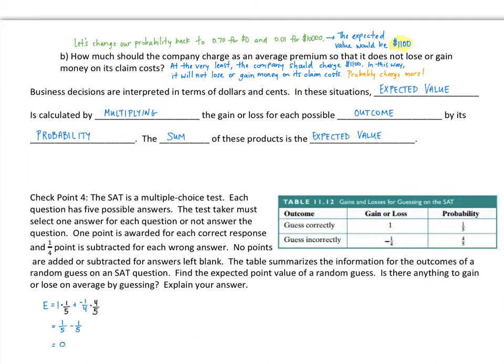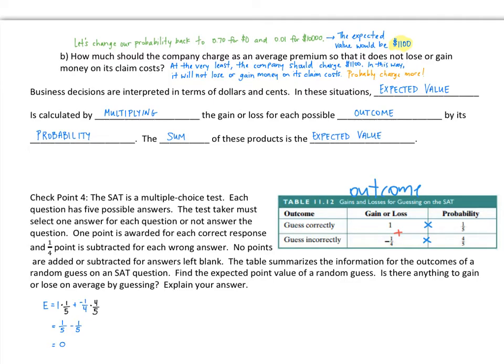Let's explain. Okay, so again, here is our outcome. The gain or loss, that's our outcome again. And then we have our probabilities. So we take our outcome, multiply it by our probability. So 1 times 1/5, and then we're going to add that to the negative 1/4 times 4/5.